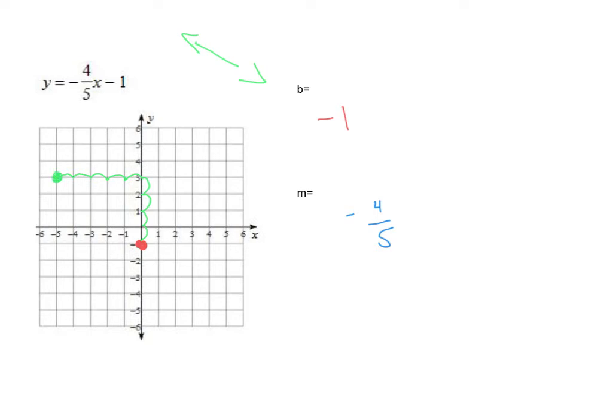Or I can plot a point by going down 4, 1, 2, 3, 4, to the right 5, 1, 2, 3, 4, 5. So because it's negative, if you choose to go up, then you have to go left. But if you choose to go down, then you have to go right. Don't forget to connect your dots. Your answer should not just be points, it should be an entire line.